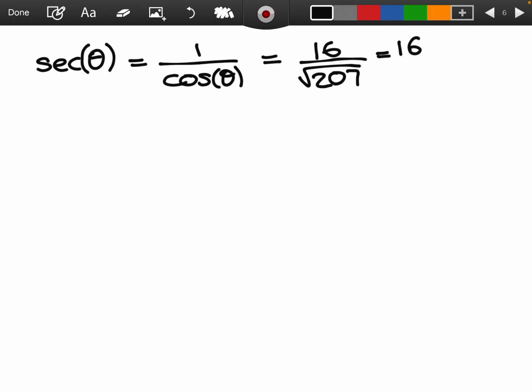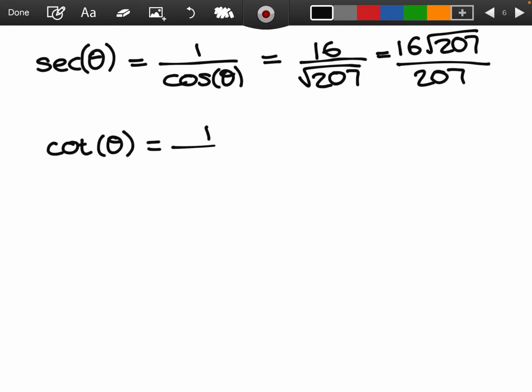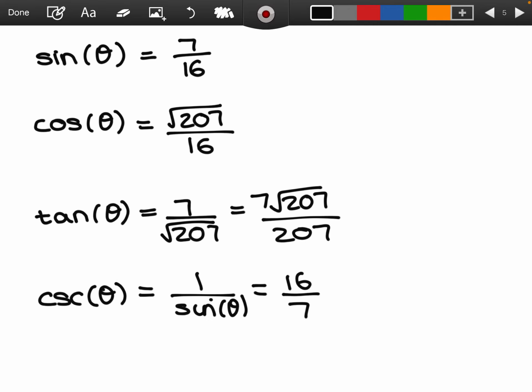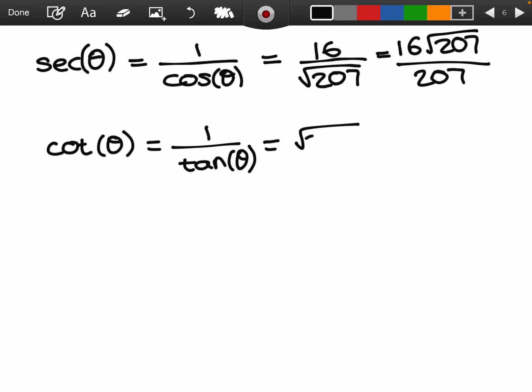And again, you can multiply top and bottom by the square root of 207 to rationalise the denominator. And then finally we have cotangent of theta, which is 1 over tan of theta, which we said was 7 over the square root of 207, so taking the reciprocal of that and flipping the fraction would give us that.